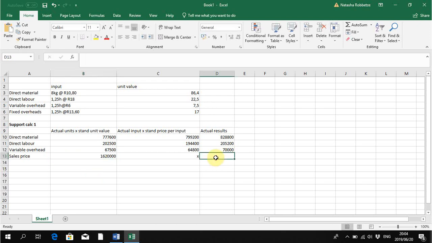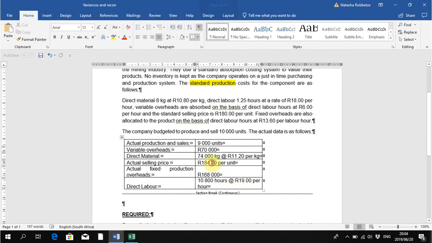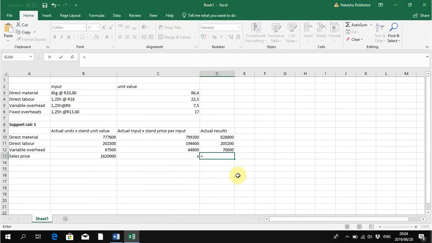The actual selling price was 184 and the actual units was 9,000. So I'm just timesing my actual information to get to an actual result, 184. Right, support calc number 1 done. So you might be thinking, why am I doing all these calculations?